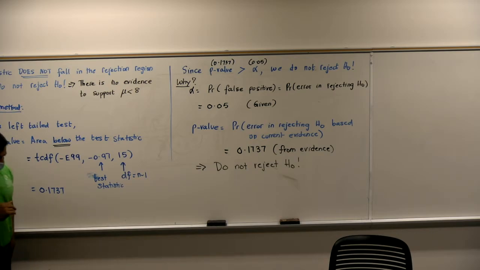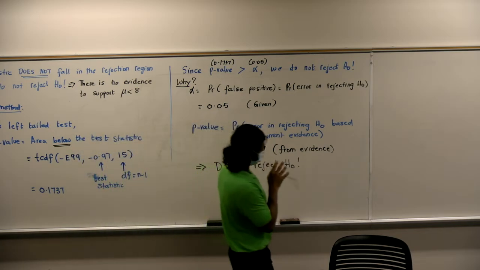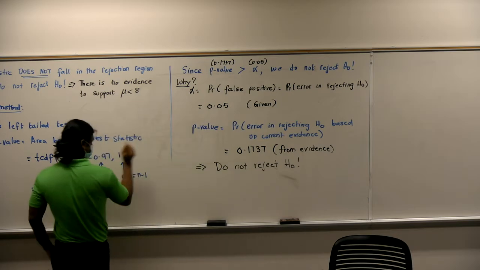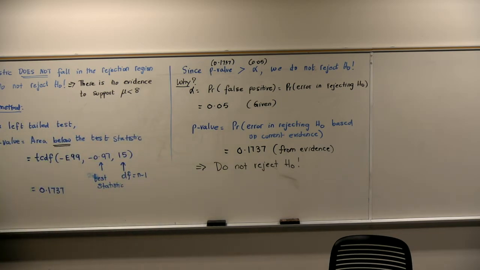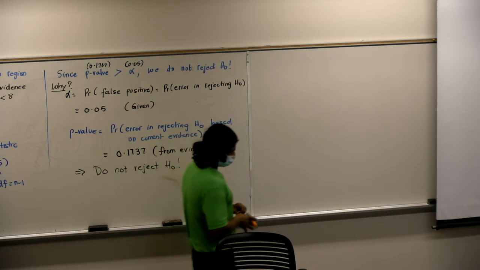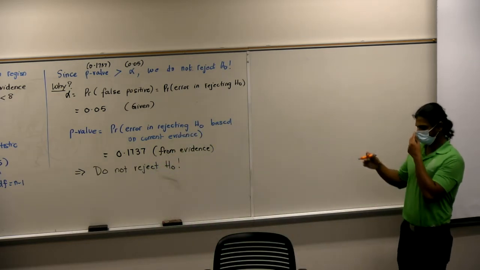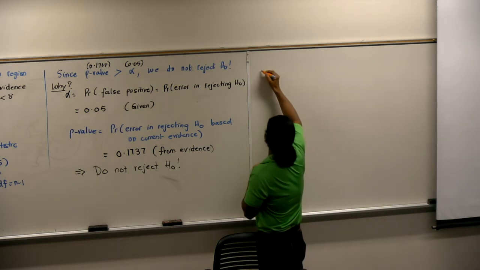If you look in the textbook, p-value has a very formal definition. This is informal, but informal one is easy to understand. The formal one. So the formal definition that I'm about to write typically is well understood when you reject a null, but I'll just write the definition here and let's see if you like it.